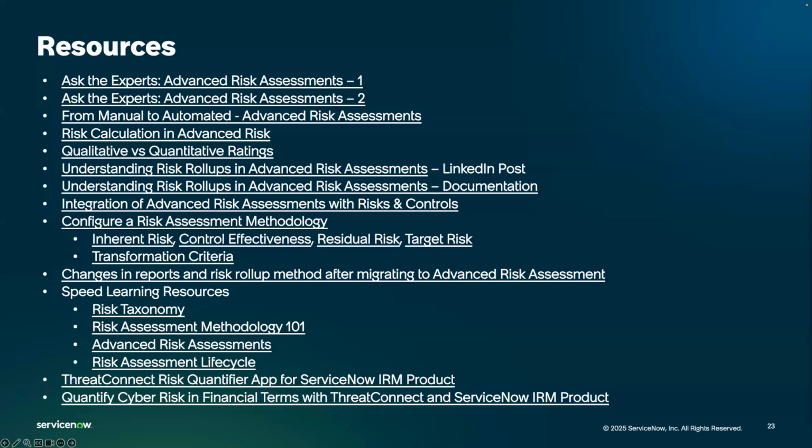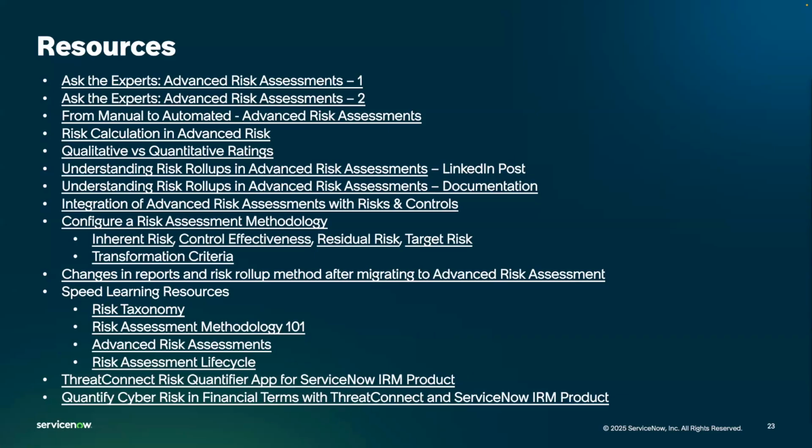So here are your references for continued learning. The top section includes documentation, community post, and ask the expert recordings covering advanced topics like risk calculation, quantitative versus qualitative ratings, roll-ups, and transformation criteria.